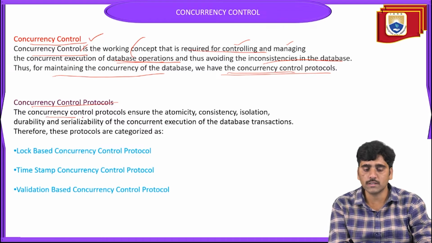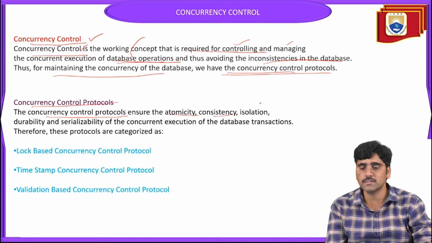The concurrency control protocols ensure atomicity, consistency, isolation, durability and serializability. These are the transactional properties of the concurrent execution of the database.